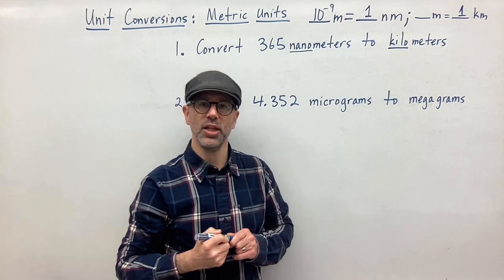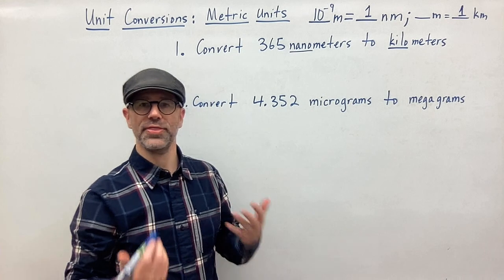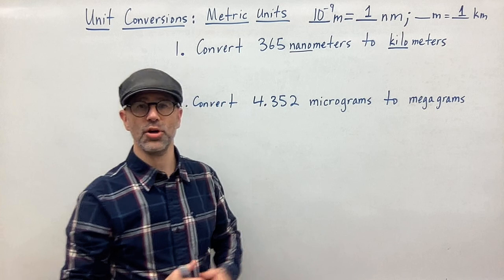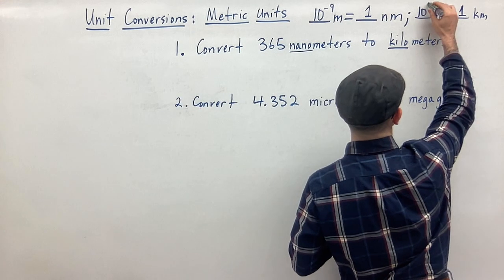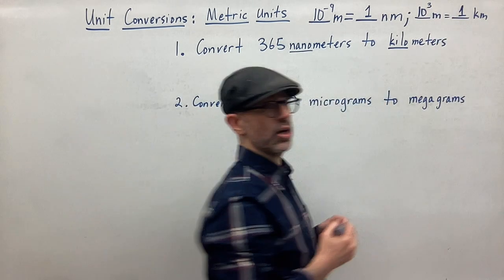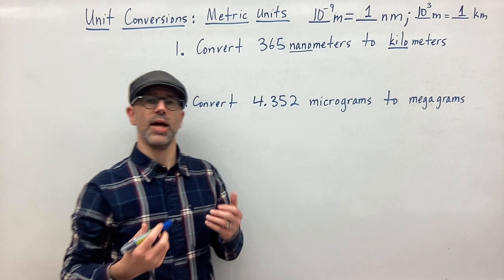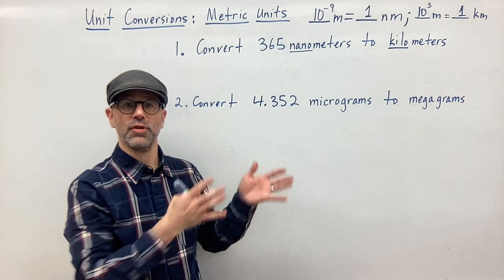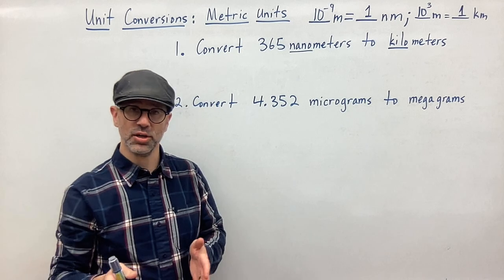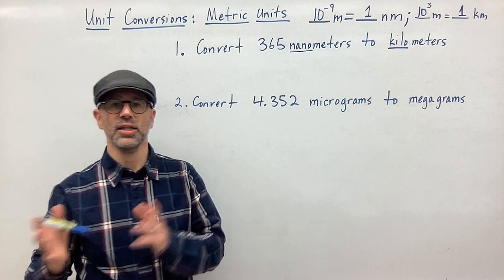And I know kilo means 10 to the third or 1,000. So I'm going to put 10 to the third with the base unit. So there's my other equality. Now I can use these as conversion factors to convert from nanometers to meters, and then from meters to kilometers.